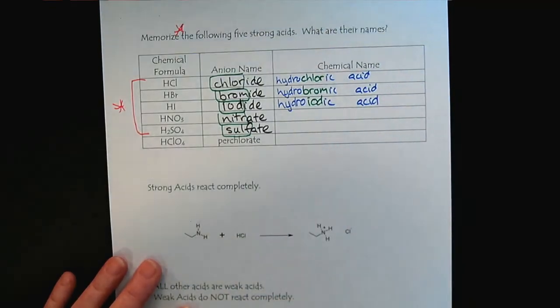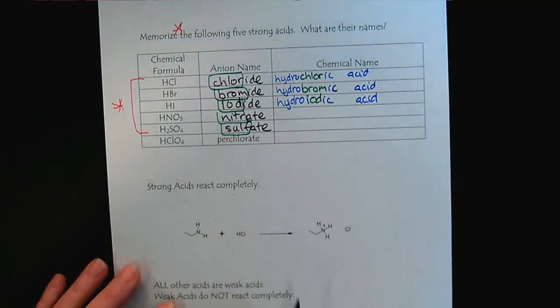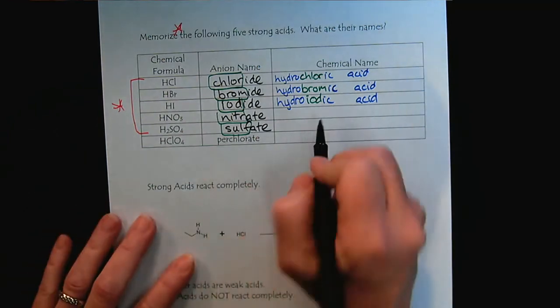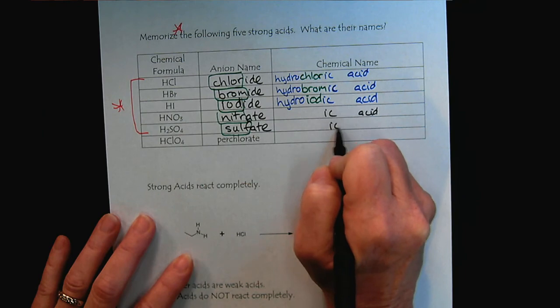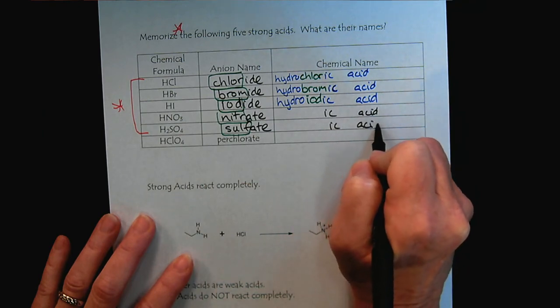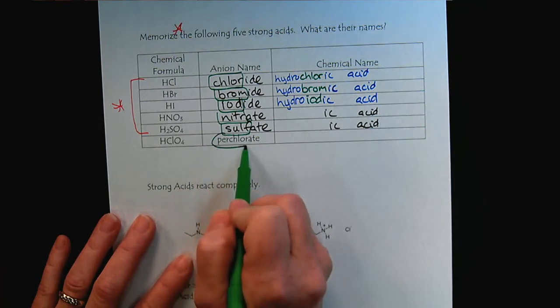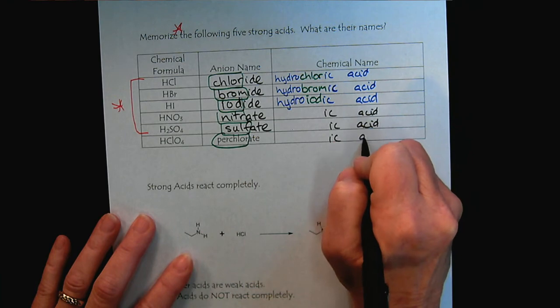Okay, I put pretty big spaces there. I'm not sure why. Now we get to the ates, right? So with the ates, it's ic acid. And this last one, you don't need to memorize, but it's the only other strong acid. And it's also an ate.